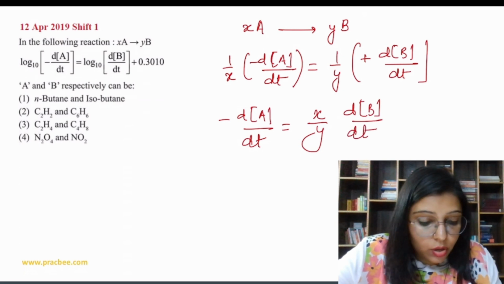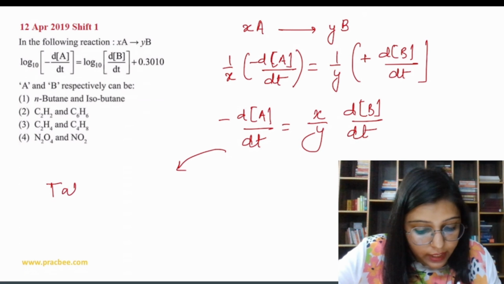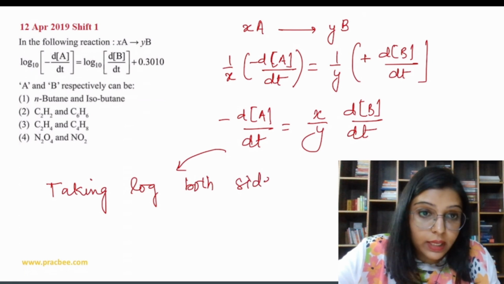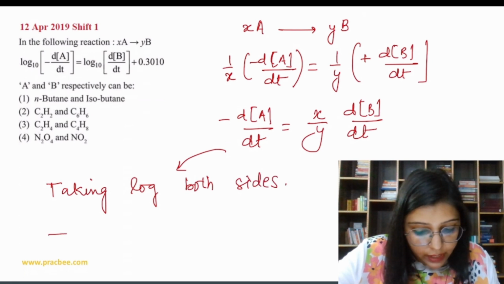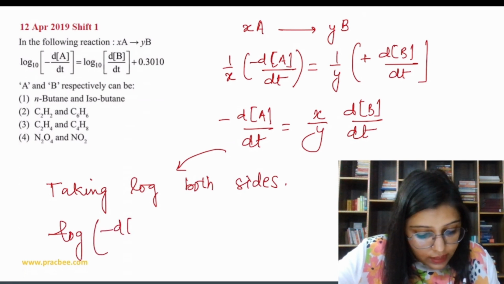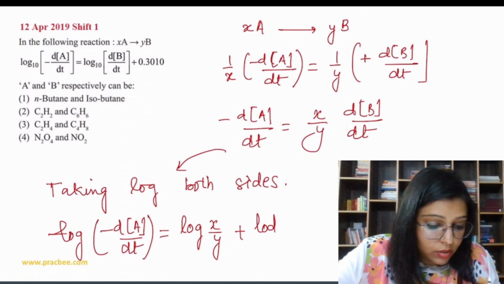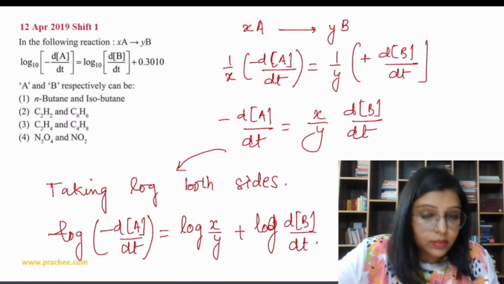Now let's take log on both sides. On taking log both sides, we get log of minus d[A] by dt is equal to log of x upon y plus log of d[B] by dt, right?